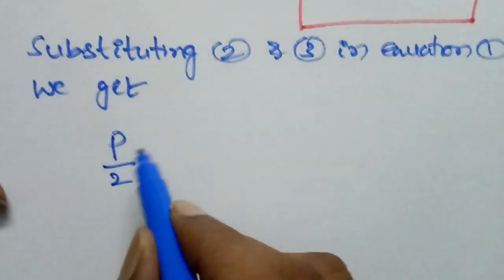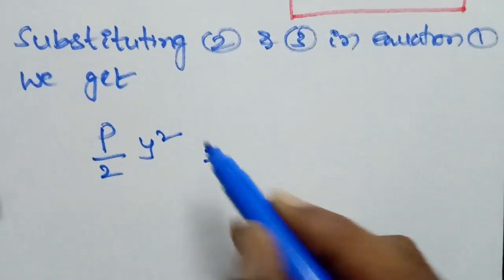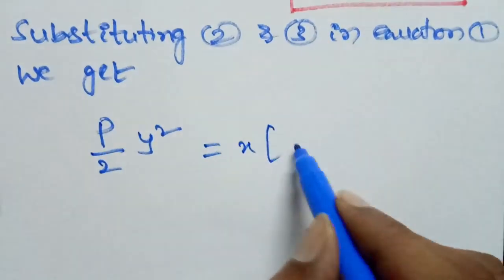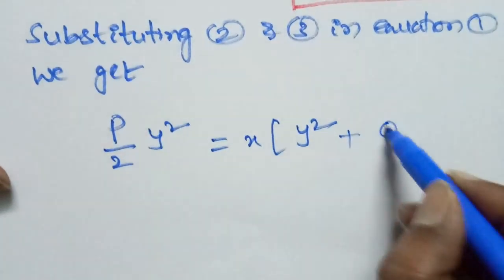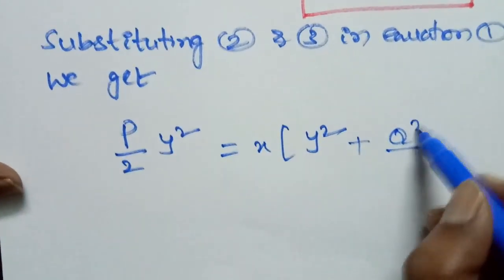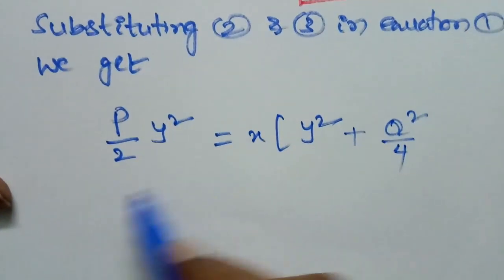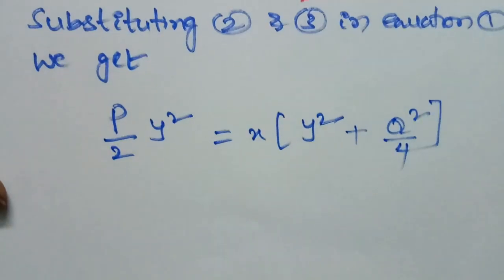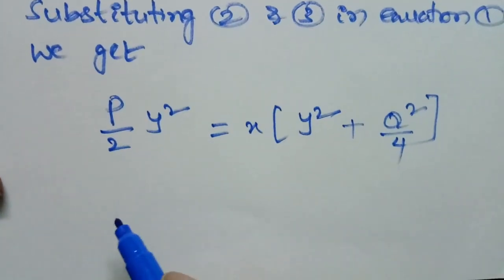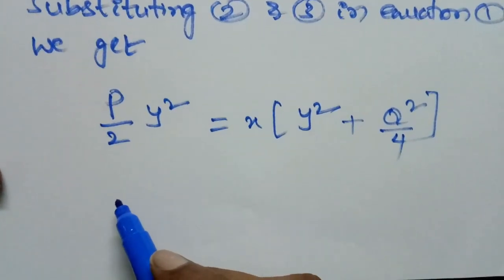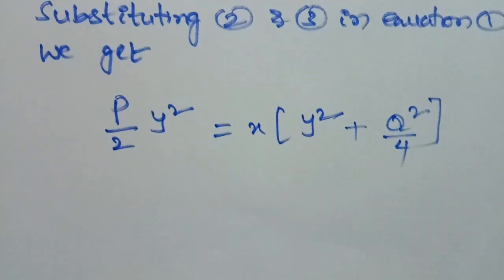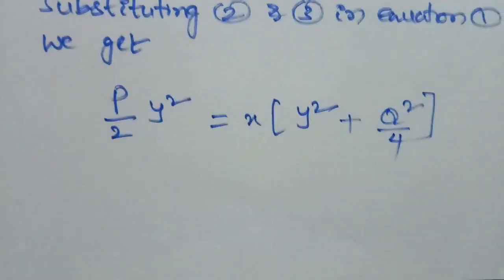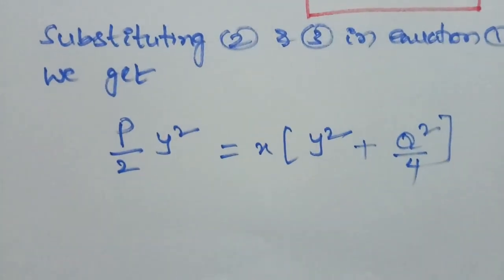Capital P by 2 into y square is equal to x into y square plus capital Q by 2 whole square, Q square by 4. Now separating the variable P and X terms one side and Q and Y terms another side.